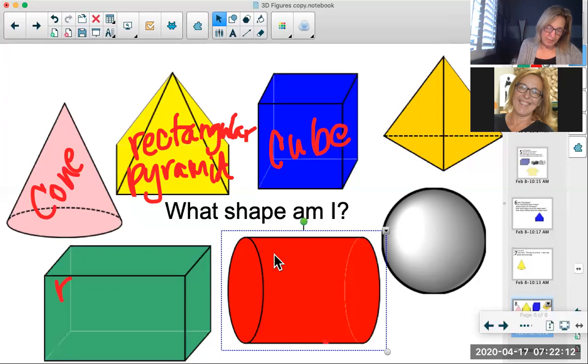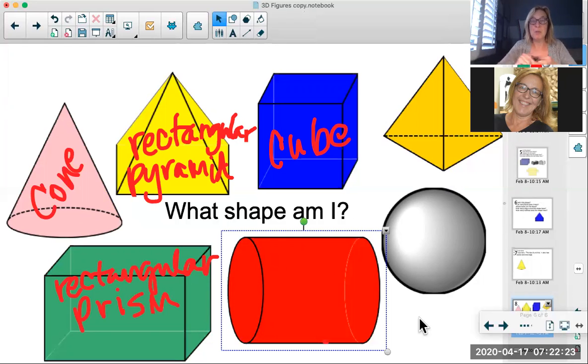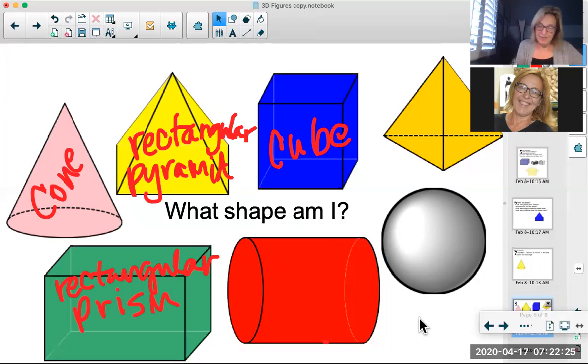We said this was a rectangular prism. And then some of these other figures you probably recognize. This is a cylinder. This is a cylinder. This is a sphere.